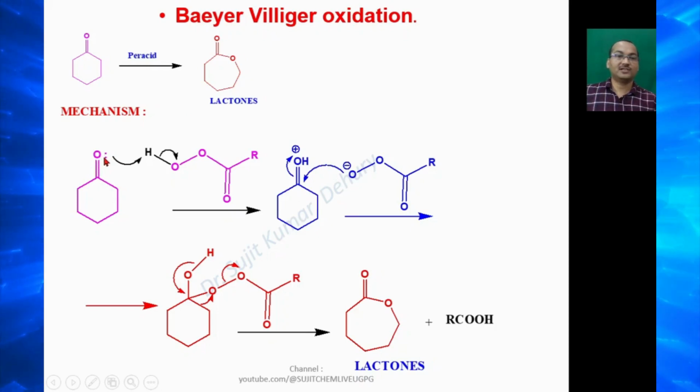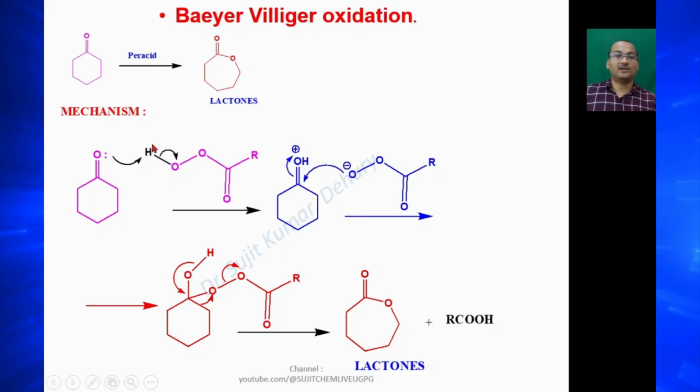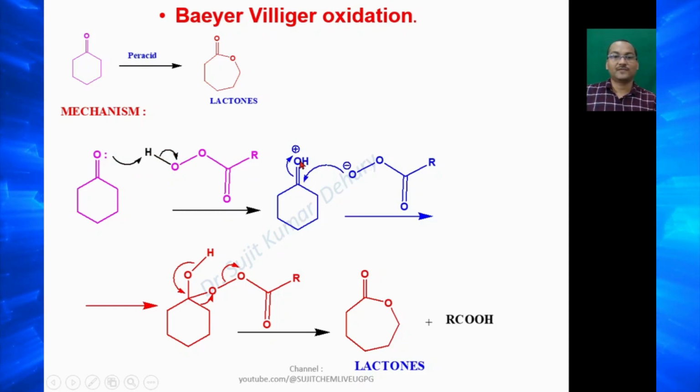Now this oxygen of cyclohexanone has a lone pair of electrons that can act as nucleophile. It will attack the H plus, the hydrogen of the peracid. So this OH bond will break on oxygen. You will end up with this protonated hydroxyl. Again RCO3 minus can act as nucleophile.